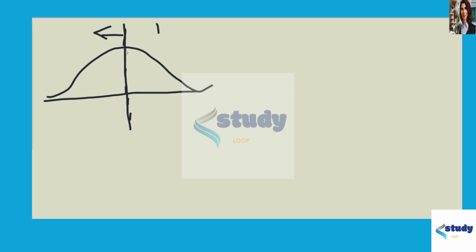This mean point represents a z-score of 0, because I'm 0 standard deviations away from the mean. 50% of my z-scores are going to be less than that. So the probability of having a z-score less than 0 is 50%.